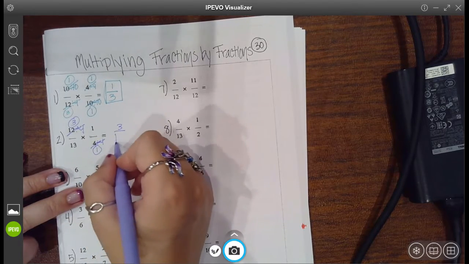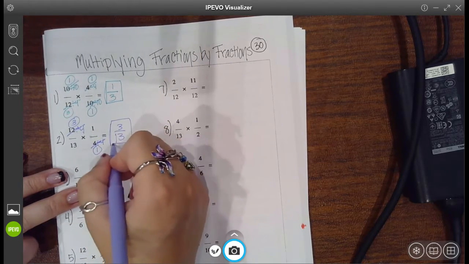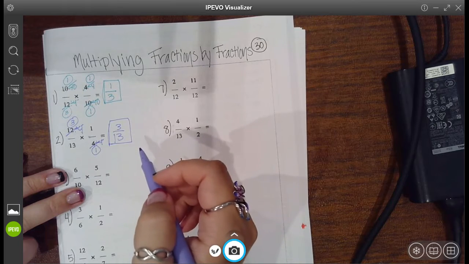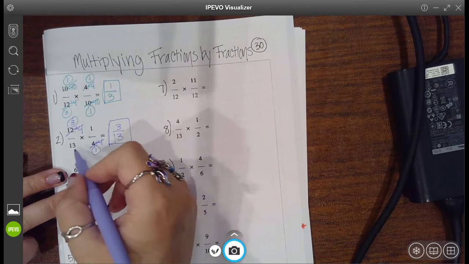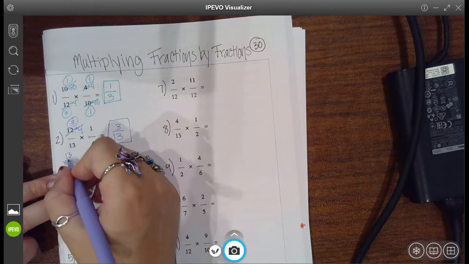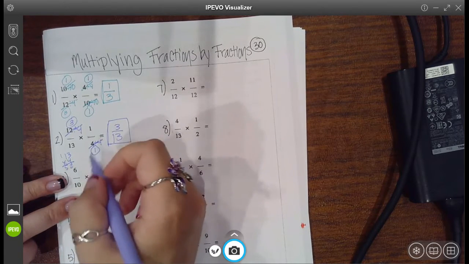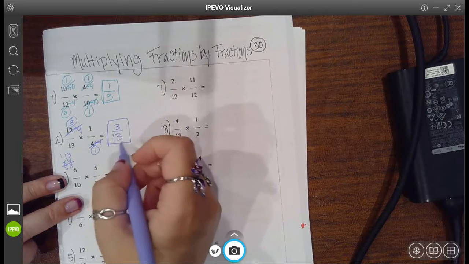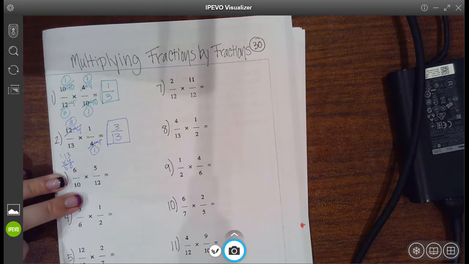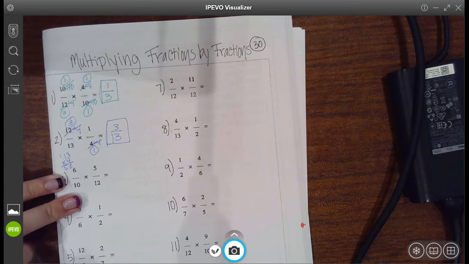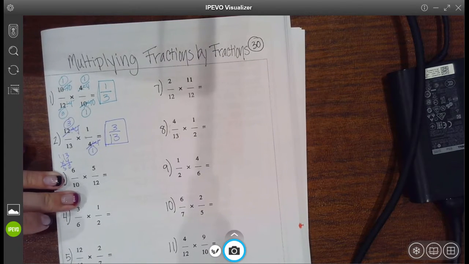And 13 times 1 is 13. That can't reduce any further, so that's simplest form. Yes, 12 over 13 times 4, what is that? That is 52. So 12 over 52 is equivalent to 3 over 13, but I want us to at least practice getting it in simplest form if we can.